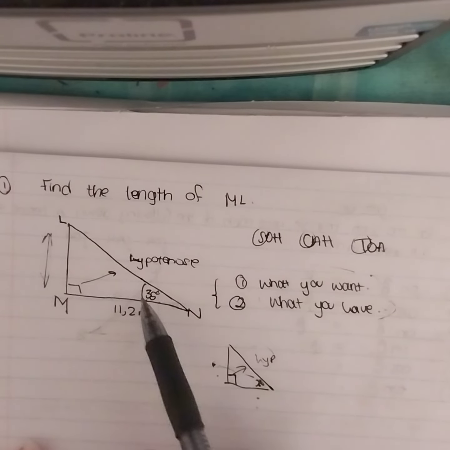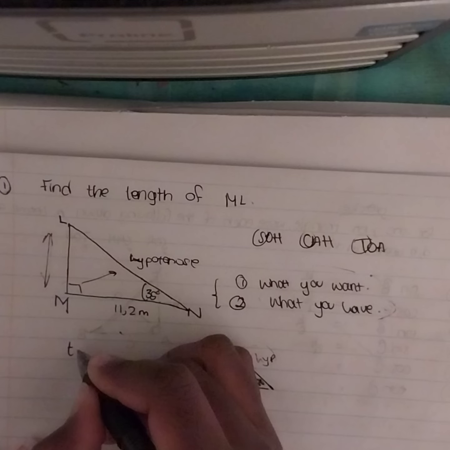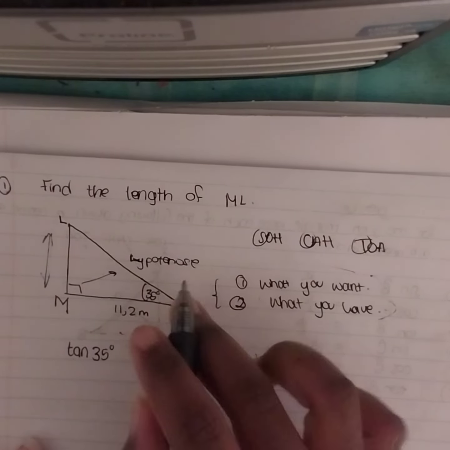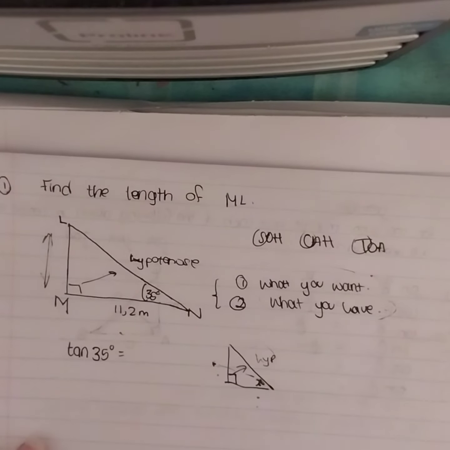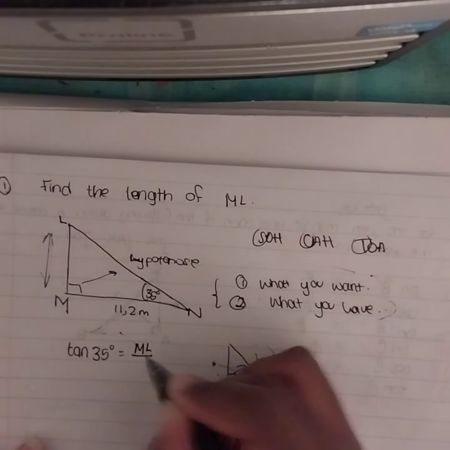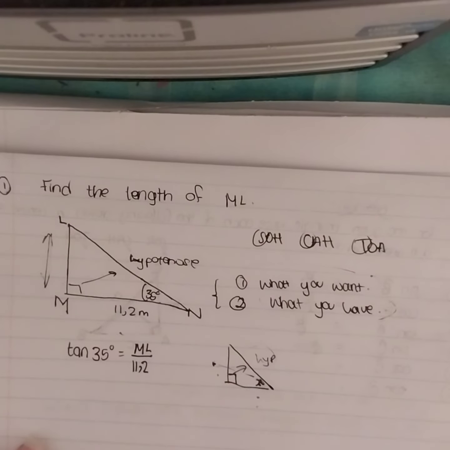Now, what are we going to use? Opposite over adjacent is what? Tan. So tan 35 degrees, because that's what we are given, right? Equals opposite first, which is what we want, ML, over what do we have? 11.2.